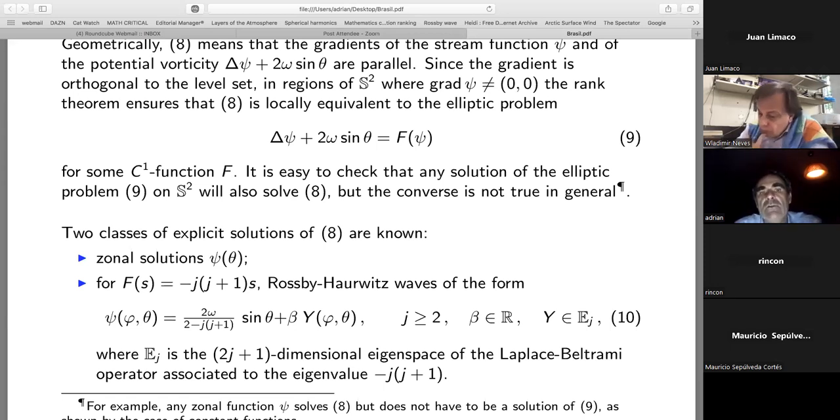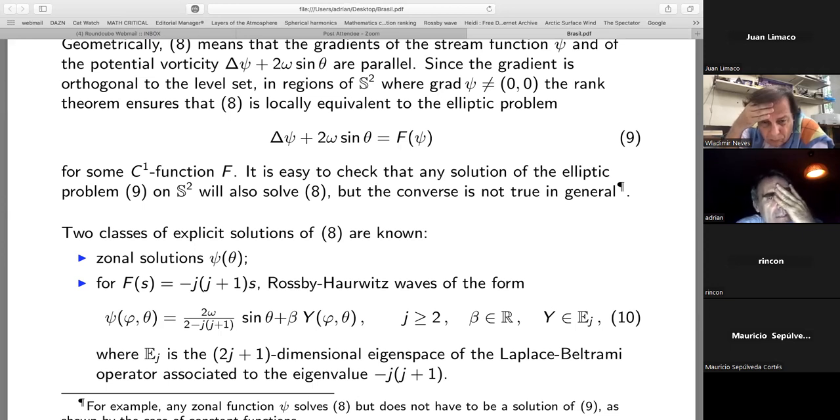These are solutions where the stream function depends only on theta, so its derivative with respect to phi, which would be the meridional speed, is 0. They are only east-west. And this is easily obtained because you obtain an ODE, okay? There is only one variable, so it's an ODE. So there are zonal solutions that are explicit solutions.